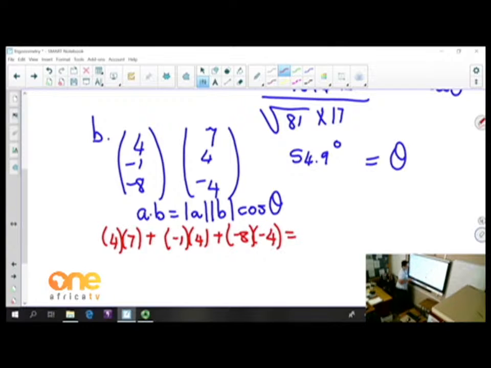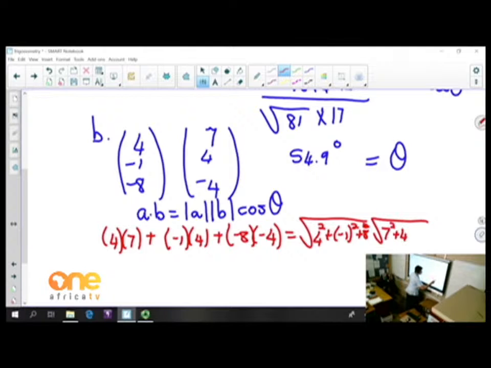negative 8 times negative 4 is equal to, now when we get the magnitude, you work with one column vector. So this is going to be 4 squared plus negative 1 squared plus 8 squared times the second vector, 7 squared plus 4 squared plus negative 4 squared, cosine theta.